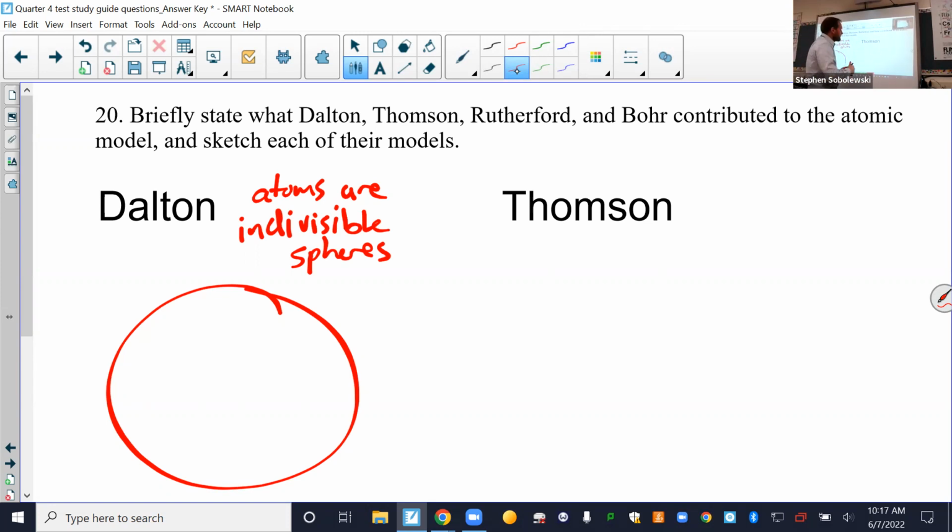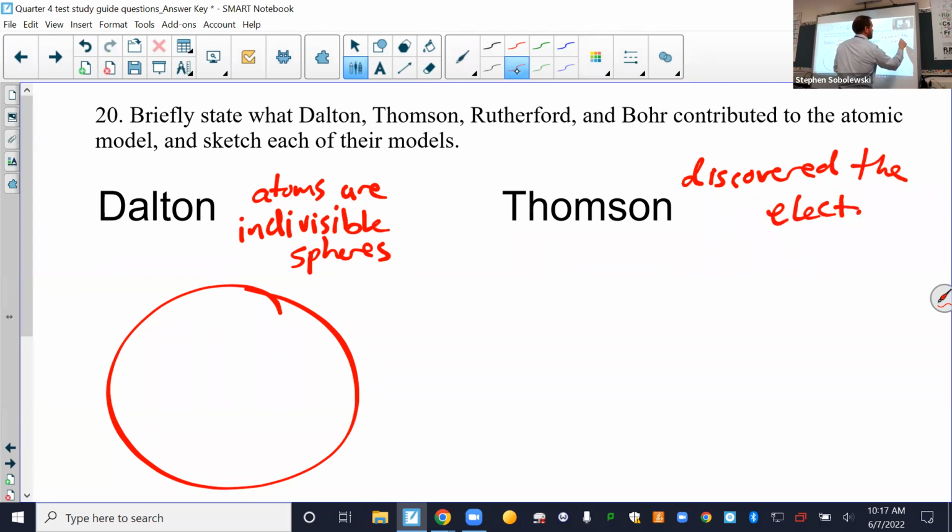Thomson discovered the electron. Through the cathode ray tube experiment. Basically, he had a beam of cathode rays, which he was able to measure their charge. He noticed that it was negatively charged by using a magnet. He basically put the negative side of a magnet up to the beam and it repelled it.